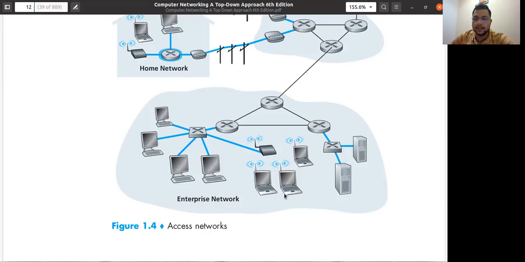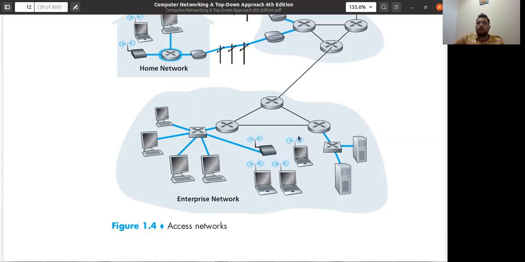And then in the enterprise, they are maintaining their servers. They don't want to clutter their servers over on the same LAN. So for that purpose, they have secured them in a different LAN. And these servers can access the infrastructure or the core network through this edge router.